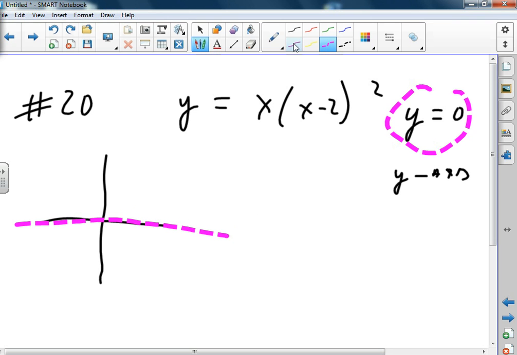Now this guy, when x is 0, y is going to be 4. When x is 1, y is going to be 1. Okay, when x is 2, y is going to be 0.